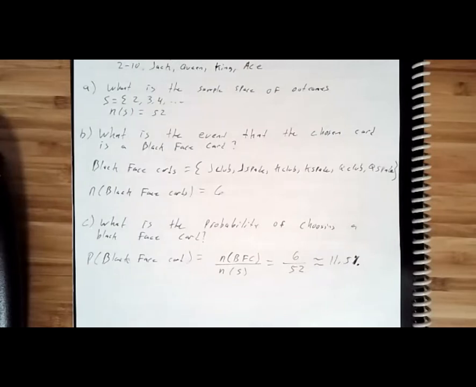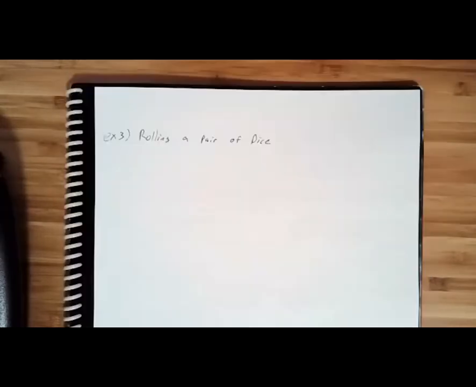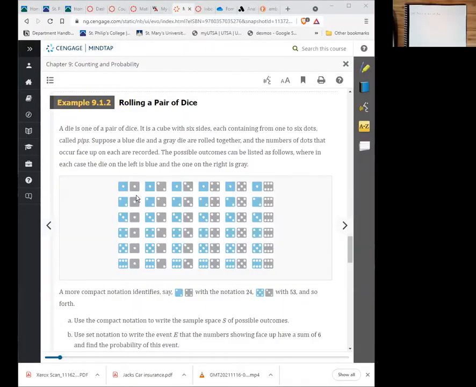All right, let's do another one. Let's do rolling a pair of dice. Writing out the sample space is kind of huge because there's 36 different ways. Let me show you a picture. If you have a single die, there's 6 ways. If you have 2 dice, you have 6 times 6 ways, which is 36.